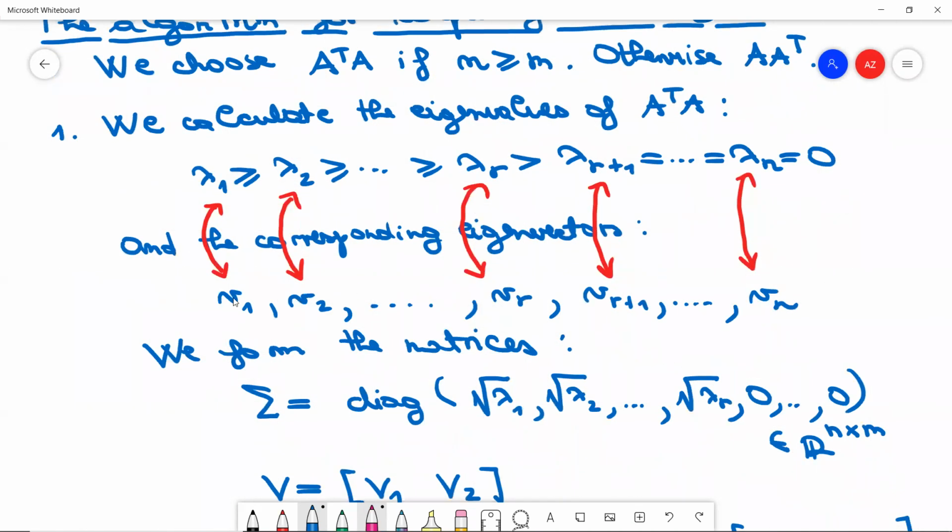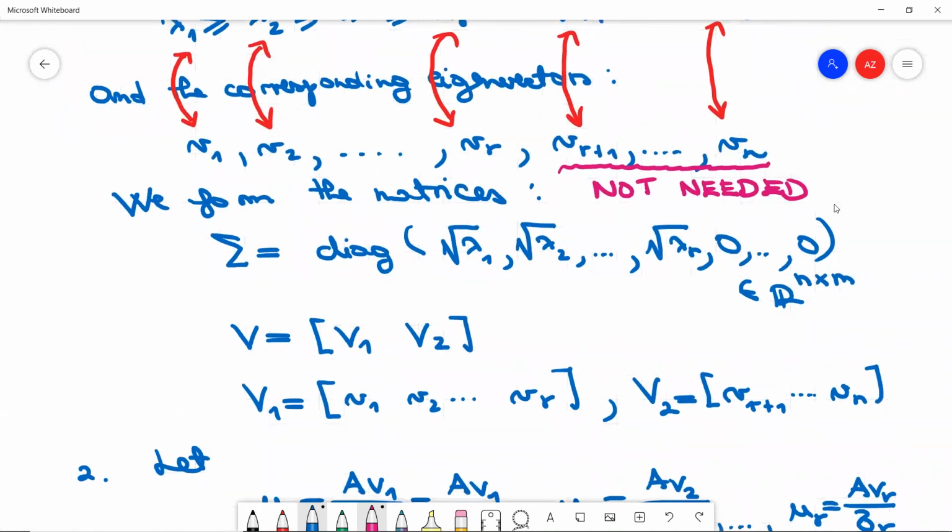And we calculate V1 up to VR, and we don't need to calculate the kernel of A transpose A, so not needed. So the vectors V r plus 1 up to Vn are not needed. In fact, we also don't need this V2 block.